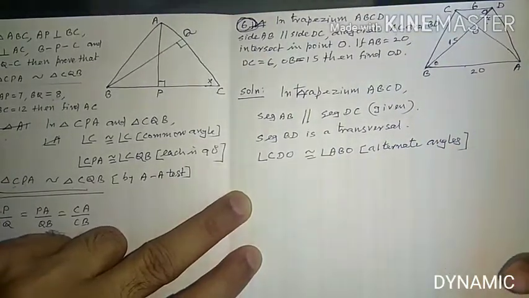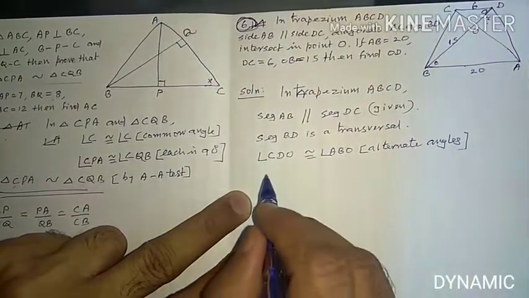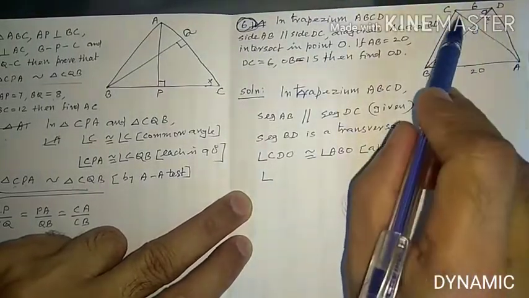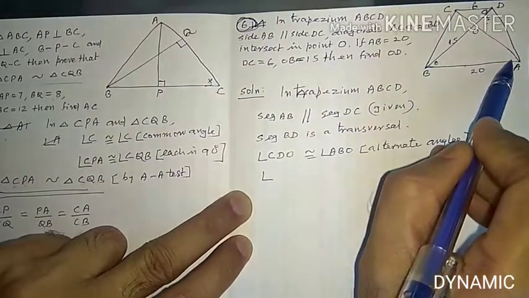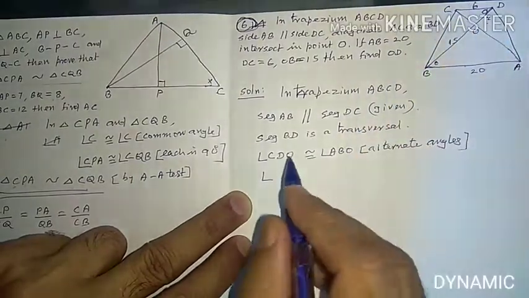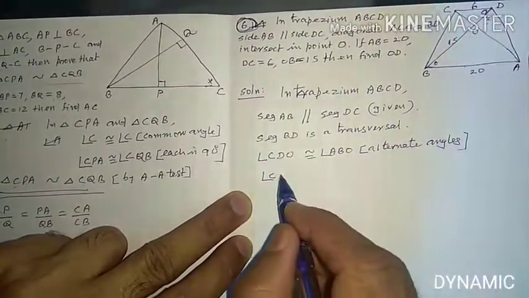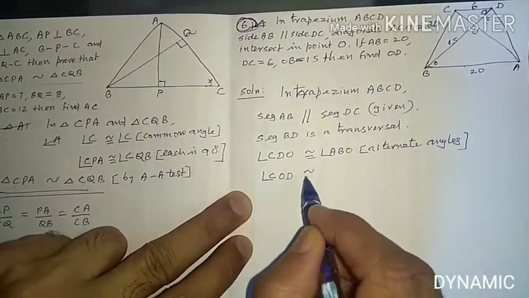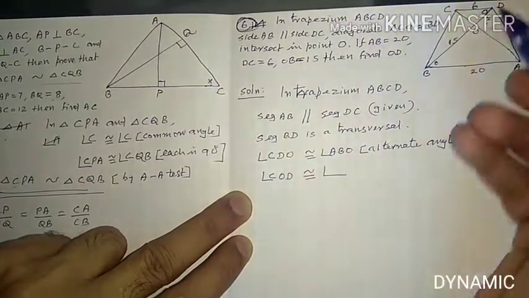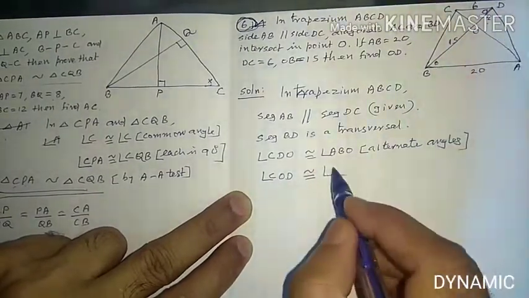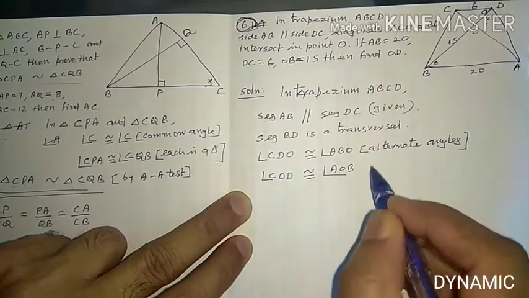Alternate angles are congruent, that we got. Now the other pair: angle COD is congruent to angle AOB.